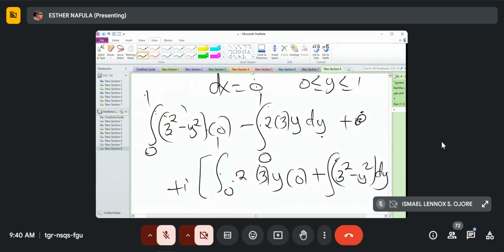So because of this 0, this term will go to 0. That will go to 0. This will also go to 0. So 0 minus, we integrate 6y.